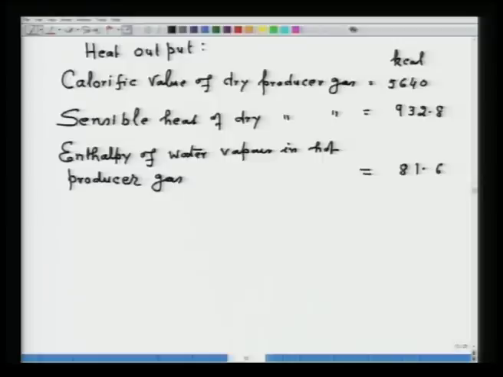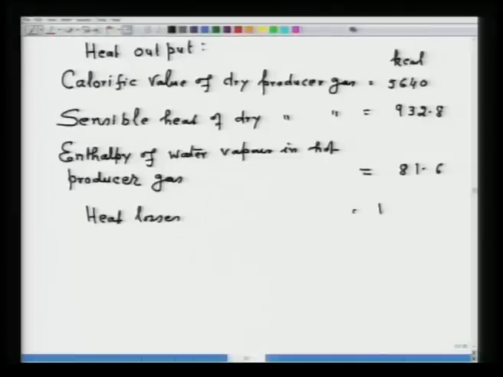If we sum the total and subtract it from the heat input, the rest we term as the heat losses. Here I am ignoring the sensible heat in ashes because of the very small amount. So the heat losses by subtraction come out to be equal to 1087.85 kilocalorie.